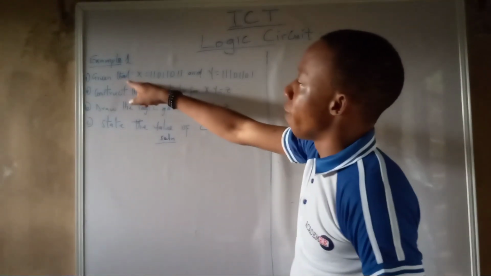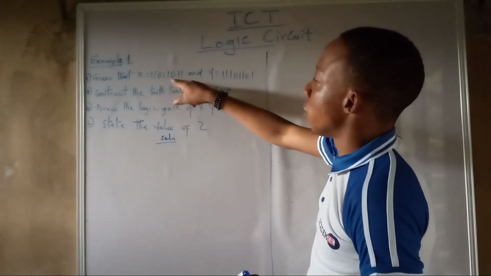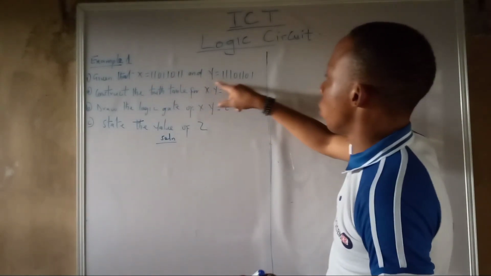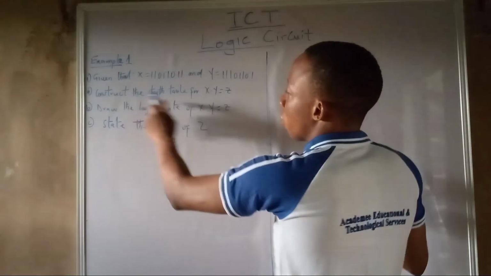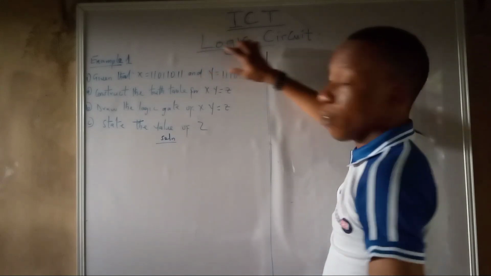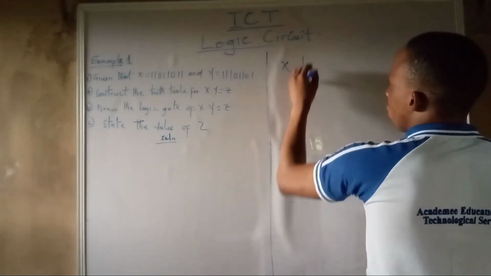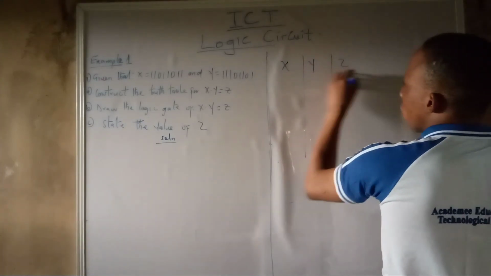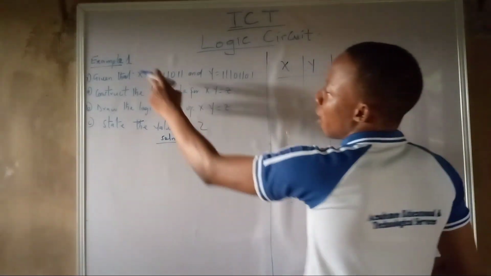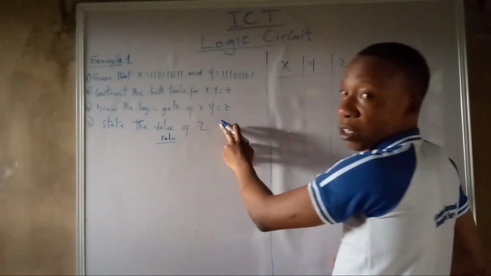The question says that given that X equals 1, 1, 0, 1, 1, 0, 1, 1, and Y equals 1, 1, 1, 0, 1, 1, 0, 1, you have to construct a truth table for these values. X and Y are your inputs in this logic gate.